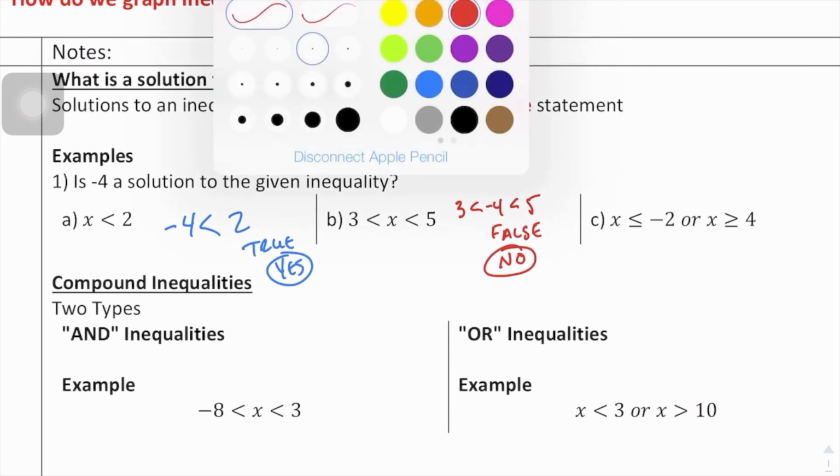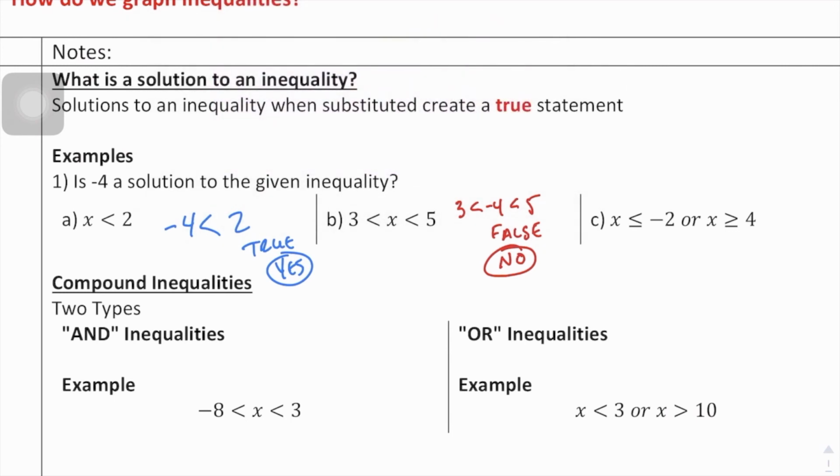Next one is an or statement, or beyond. In this case, it just needs to be true for one of these, and then it's true for the whole. If it's true for one of these, it's a solution to the inequality. So let's check this first one. Is -4 less than or equal to -2? Well, that's true.